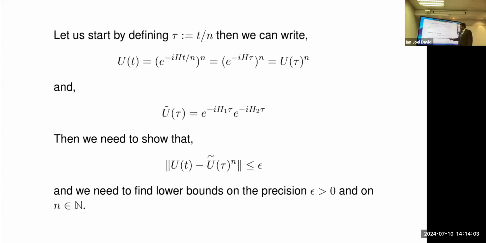But once we find a lower bound on the precision epsilon and this number n, because remember n, you can't just say, okay, if n is large enough, then it's approximately equal. If we're going to do some sort of practical simulation, we need a lower bound on what n should be, or some sort of explicit natural number value for n, which you can calculate with something like a ceiling function, so that we can actually do some type of quantum simulation.